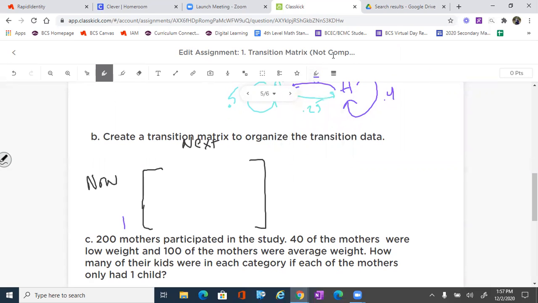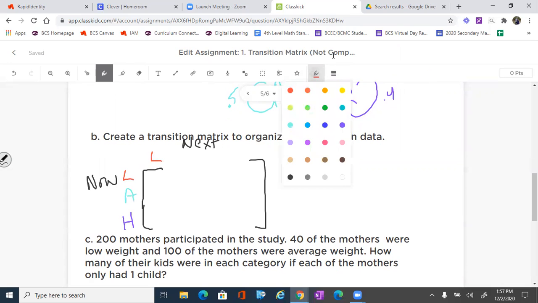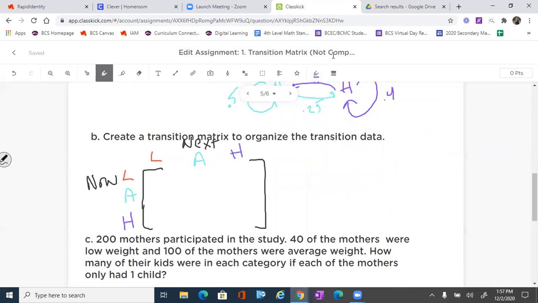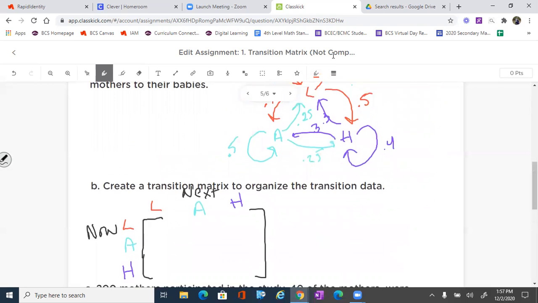So there's our high, there's our average, and then we have our low. And then I'm going to keep it exactly the same because we're going to have low that becomes low, low that becomes average, and then low that becomes high weight babies. Okay.